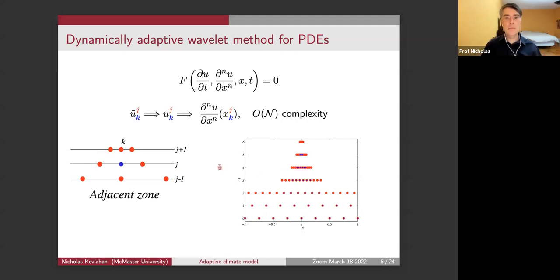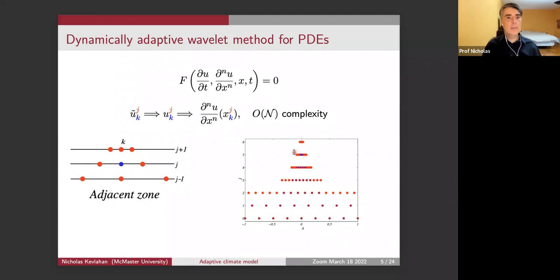Now we take our time step and we solve it on the red points. And then we do the same filtering again, the same thresholding. So we take away some points and then we take another time step. So this is the basic idea of how you use this wavelet adaptivity to solve a time-dependent PDE.